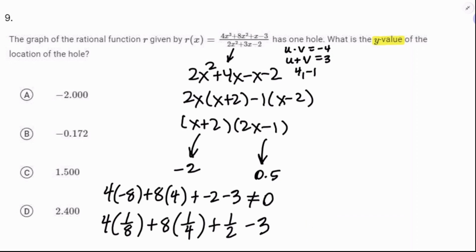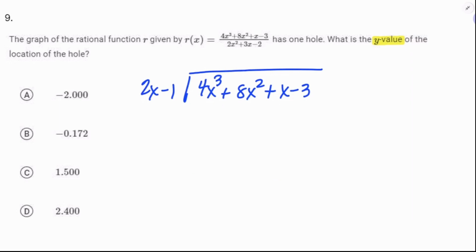I was looking at the 8 over 4. Okay, 4/8 is 0.5. 8 over 4 is 2. Plus another 0.5 minus 3, that's equal to 0. All right. So I guess maybe I was supposed to divide by 2x minus 1. I don't know about this problem.